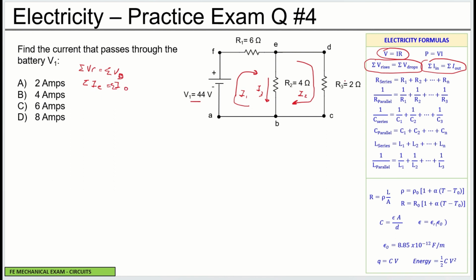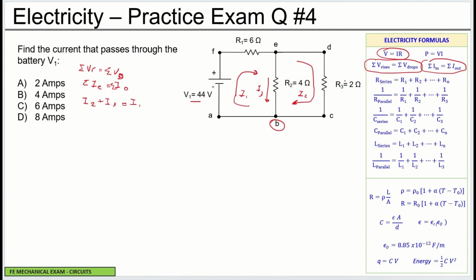If we start from that equation, which I think is easy to understand, and think about node B, what enters? I2 plus I3 equals I1. So we have one equation.